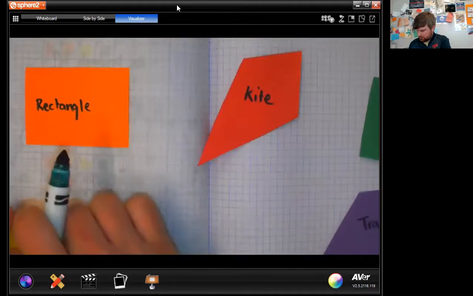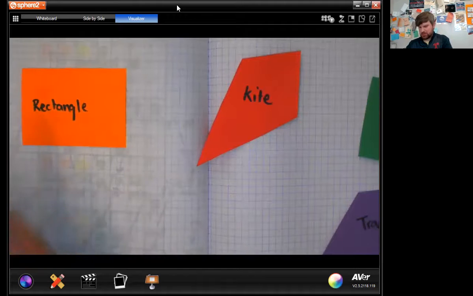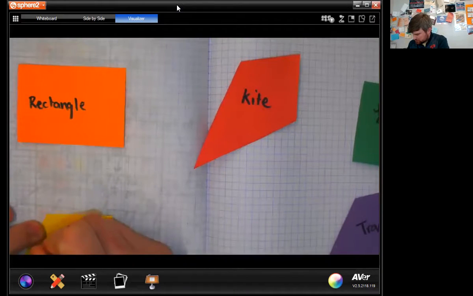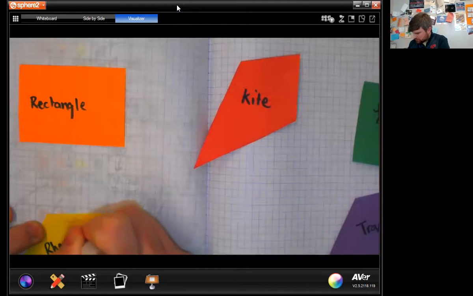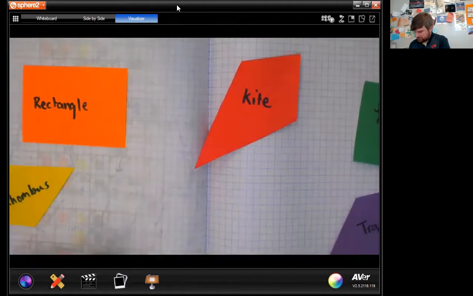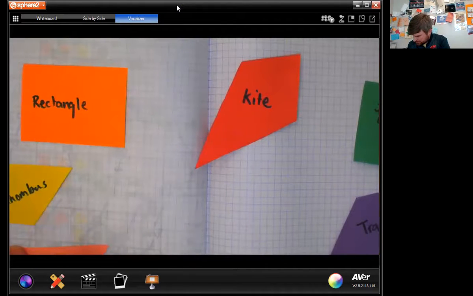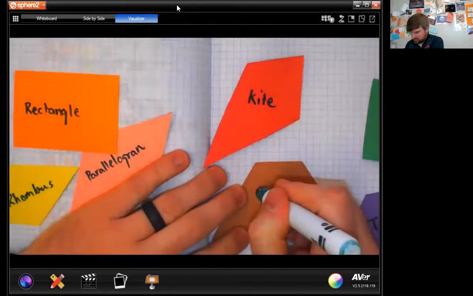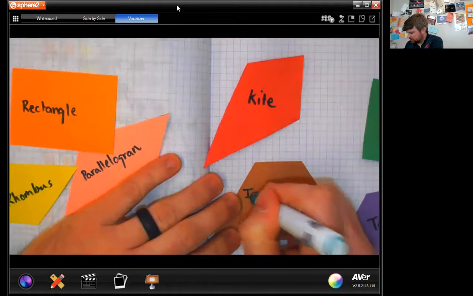This is our rhombus. It's just a little bit off, I think. Try to get them as close to perfect as you can. Parallelogram there, and this last one is our isosceles trapezoid.